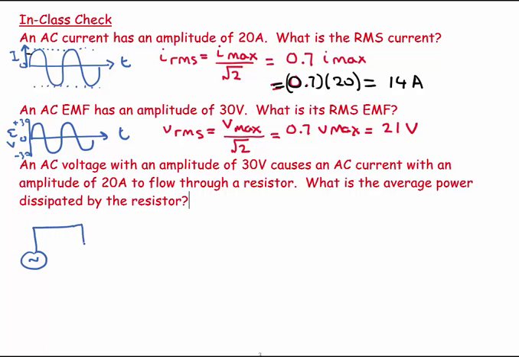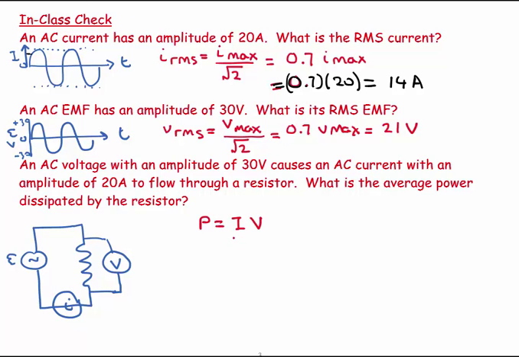So here's my resistor, and I have an EMF which causes a potential difference, and it also causes a current to flow. And I remember the relationship: power is equal to I times V.